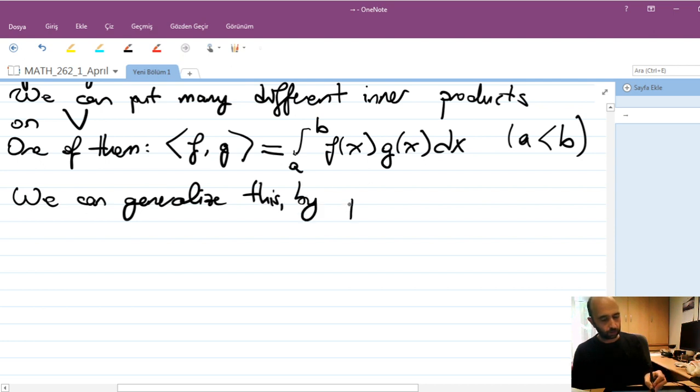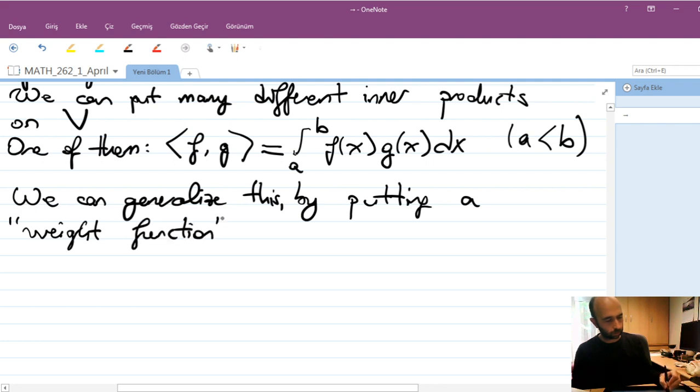By putting a weight function. Okay, so here's how it will go.